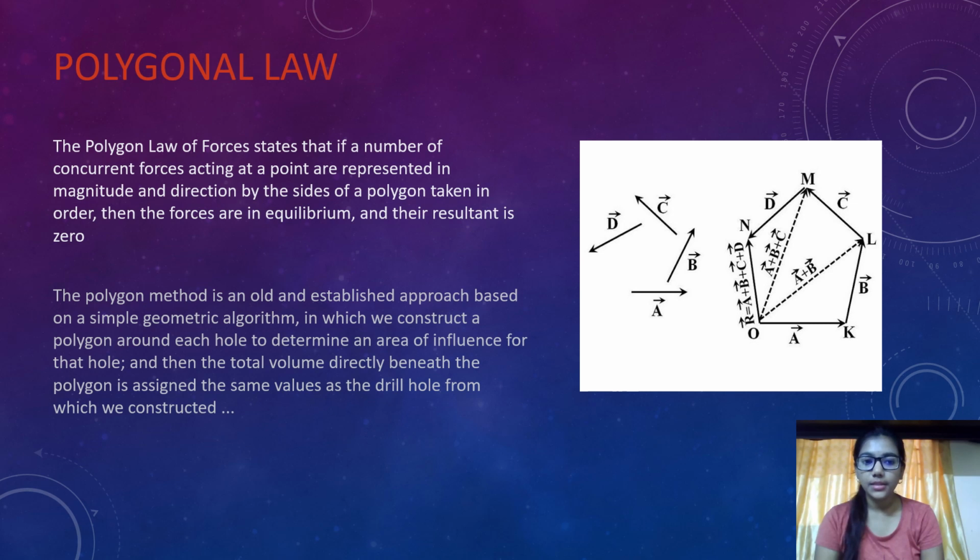The polygon method is an old and established approach based on a simple geometric algorithm in which we construct a polygon around each hole to determine an area of influence for the hole, and then the total volume directly beneath the polygon is assigned the same values as the drill hole we constructed from.